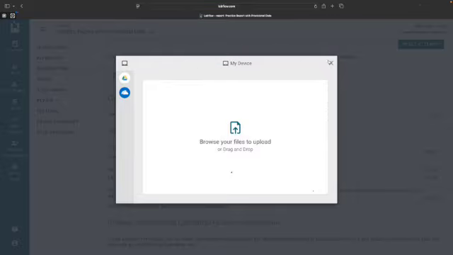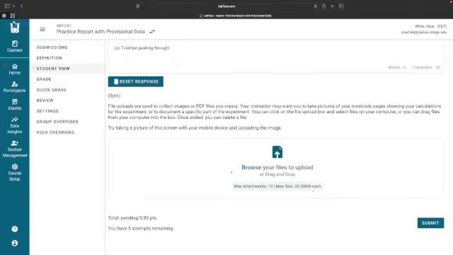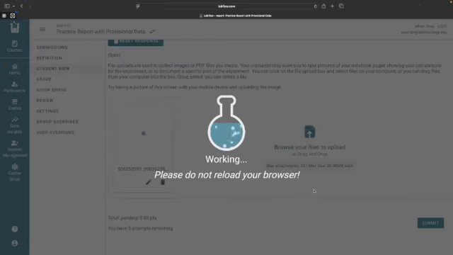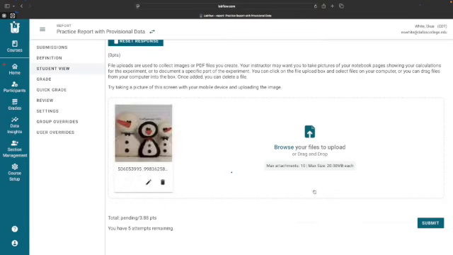Ooh, it said no to zip. Whoa. Does it have to be PDF? You know what? I have this cute picture right here. See, it allowed me to do the image. I can do that part and upload it. Of course, if I want to upload, I just press upload. It's a little cute picture from Christmas. Look at that. Okay. So then, of course, when you're done, you click submit.